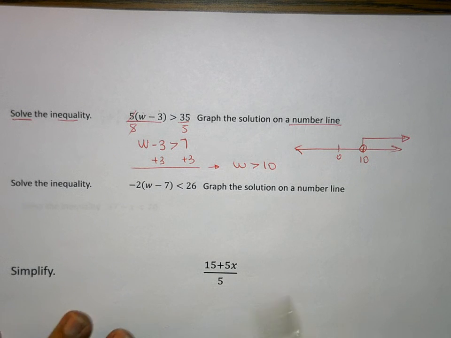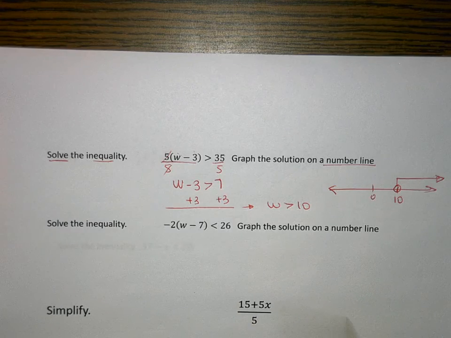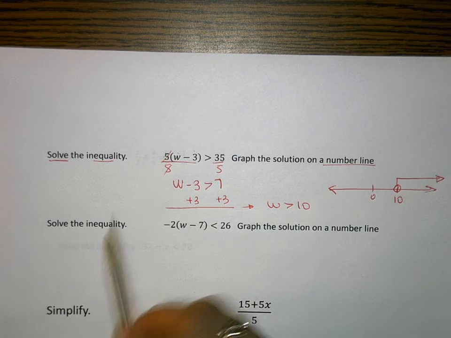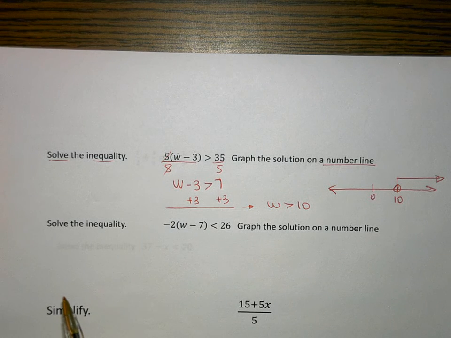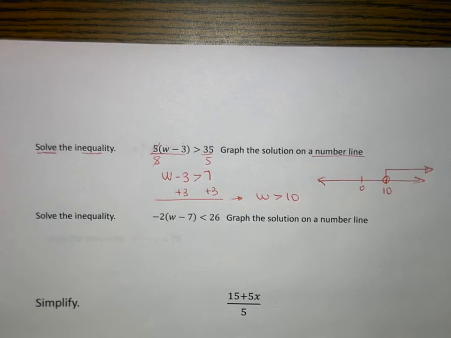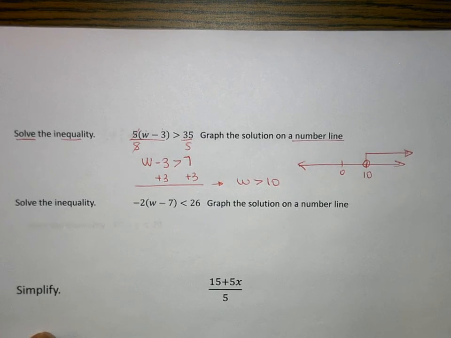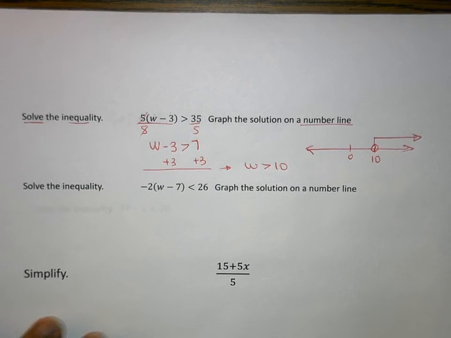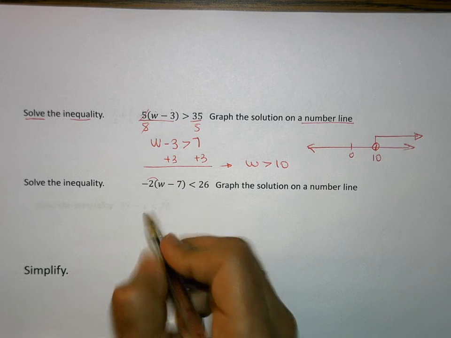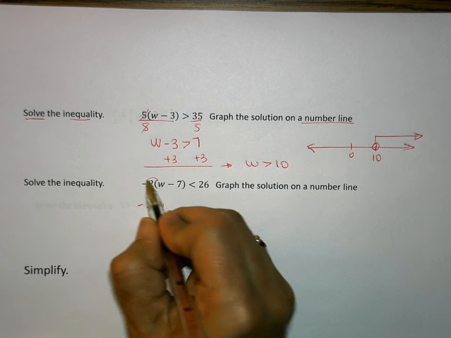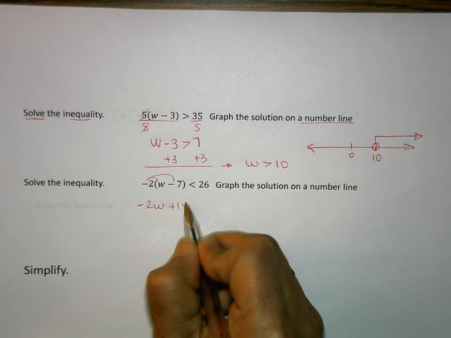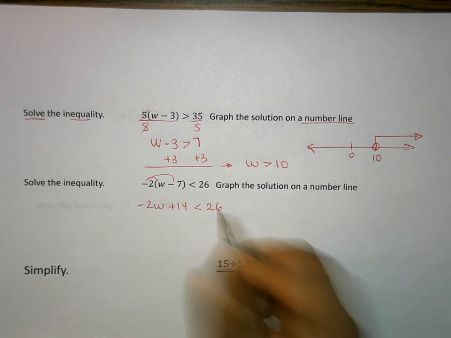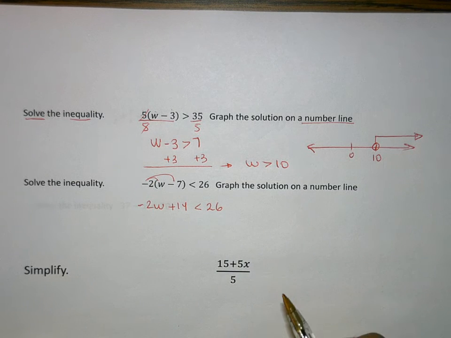You could have distributed and got 5w minus 15, and then you would solve it. You would still get exactly the same answer. I just chose to do it in a different way. So over here, if I wanted to distribute this, I would get negative 2w plus 14 is less than 26. And I could still solve it and get the correct answer.